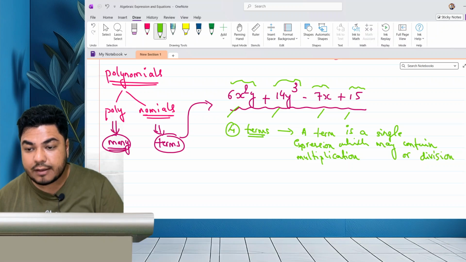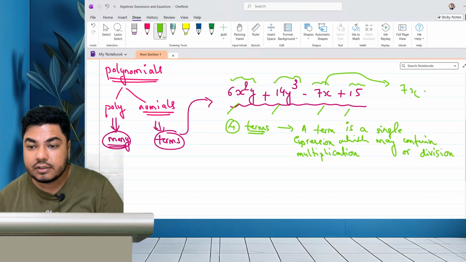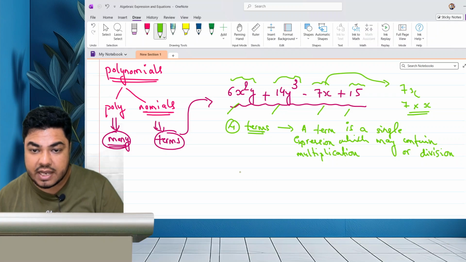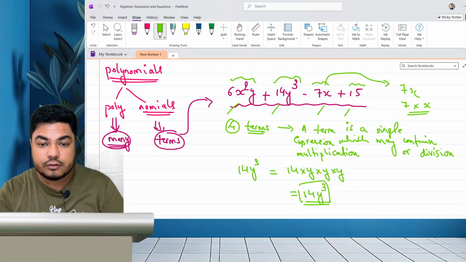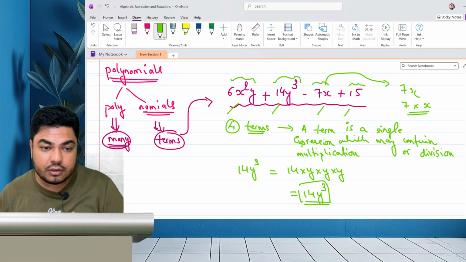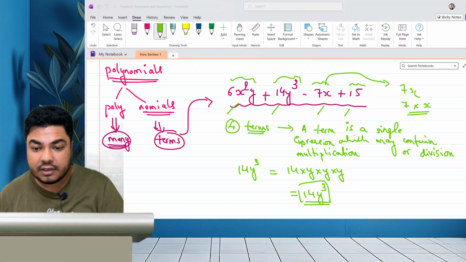I would like to give you an example. If I take this particular term 7x, you can see that 7 is in multiplication with x, right? If I take this term 14y cube, again 14 is in multiplication with y, and y is how many times? 3 times. So that makes us write 14y cube. Clear? So we have understood the meaning and the definition of polynomial.